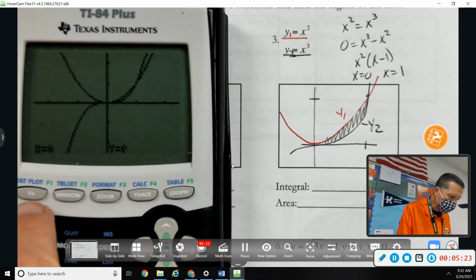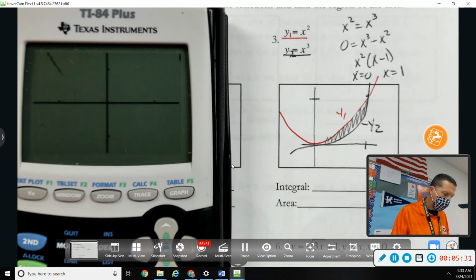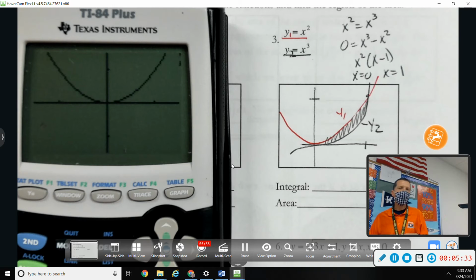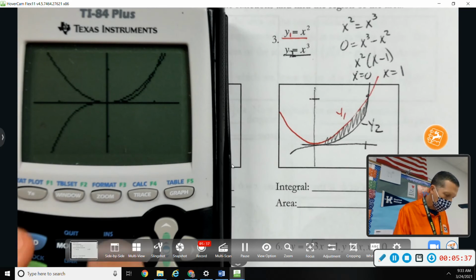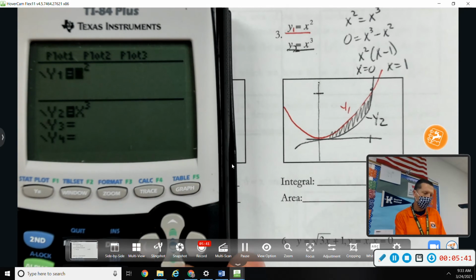You can also zoom in a little more here, and you can watch it graph. You know that's the parabola. Here comes x cubed, and so you can see it there. But you can also change how your calculator graphs.